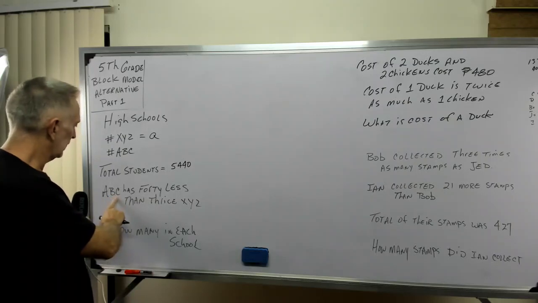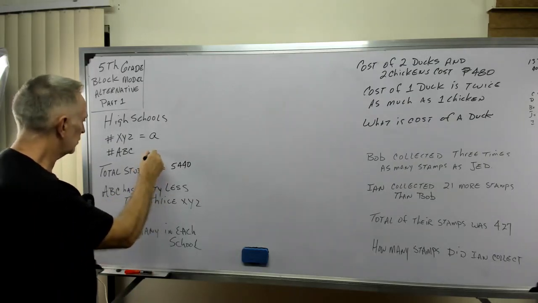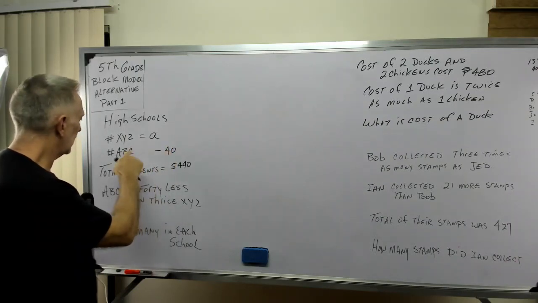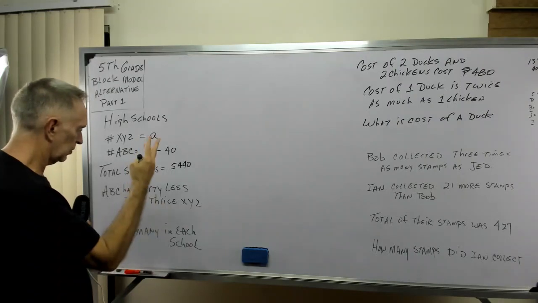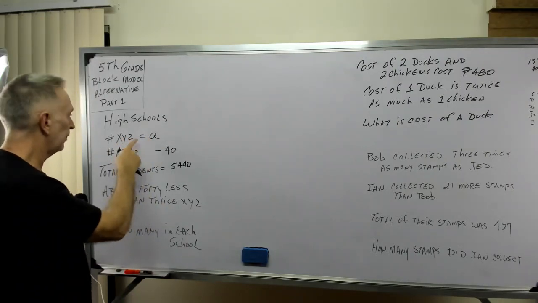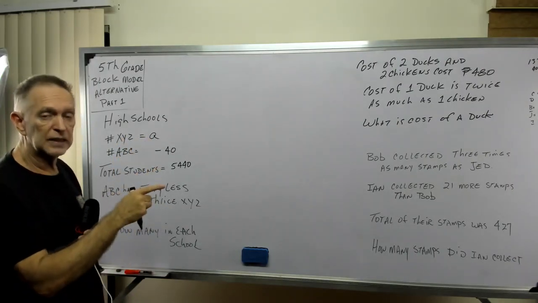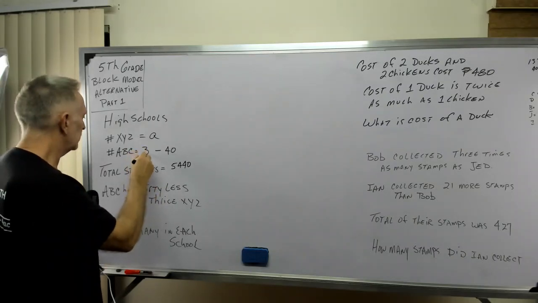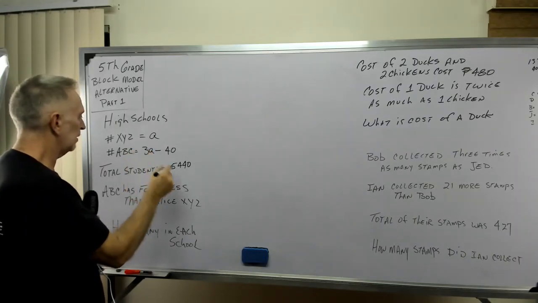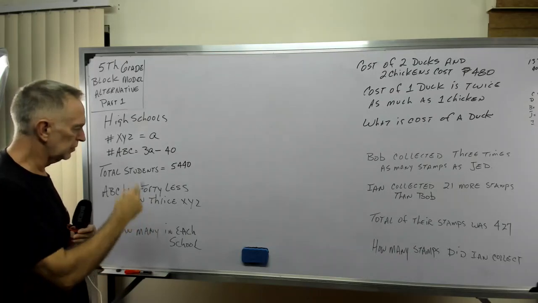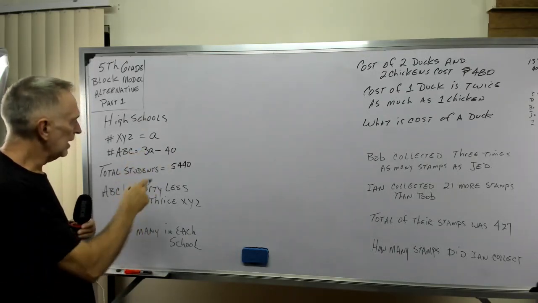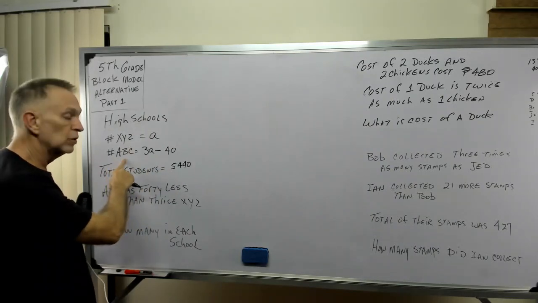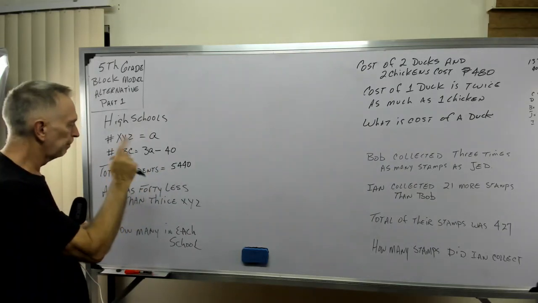For example, they say that ABC has 40 less than thrice, 3 times XYZ. If XYZ equals A, they're saying 3 times A, and I'll just use a dot instead of an X. 3 times A minus 40 is how many students are in ABC.